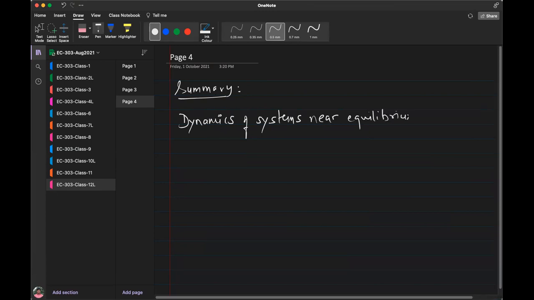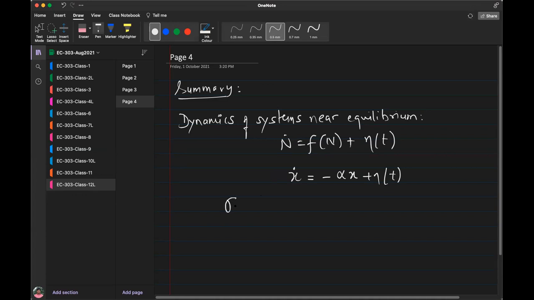So, a summary of what we have done today. We want to understand the dynamics of systems near equilibrium. If we start with any general dynamical system with noise, then the perturbation around a stable equilibrium follows this OU process. And what we have basically shown is the following important result.